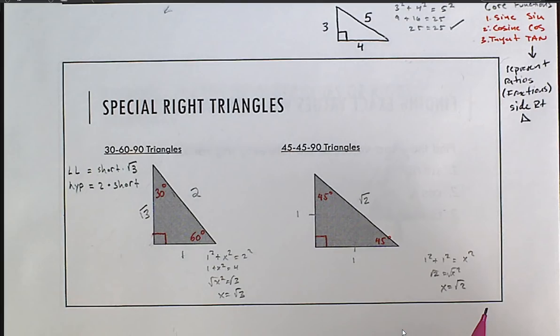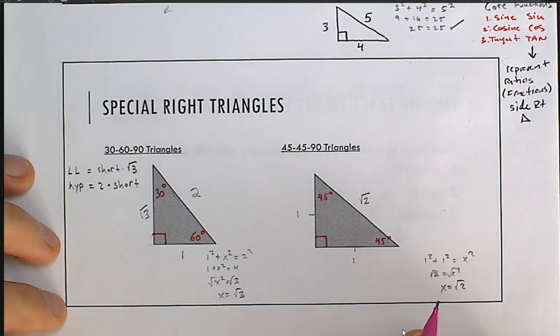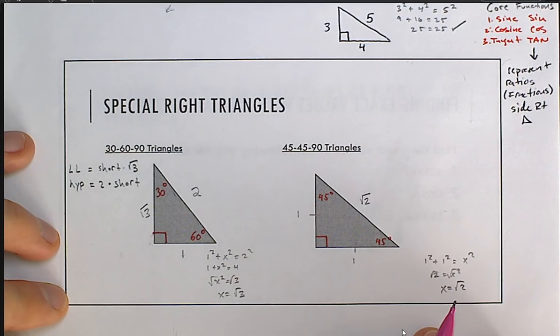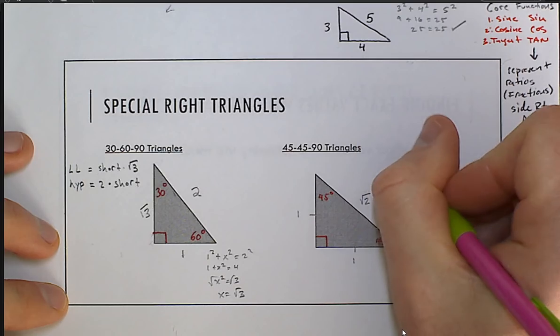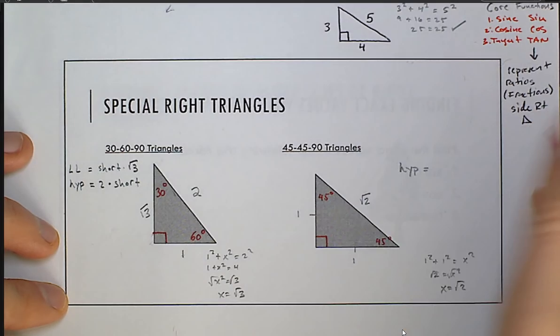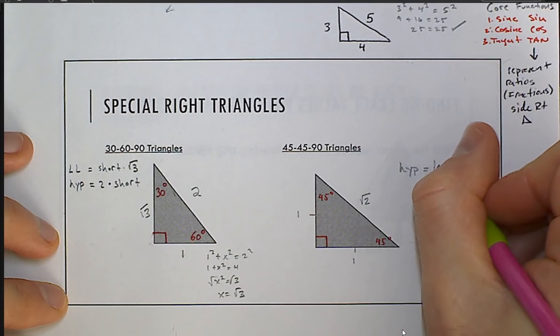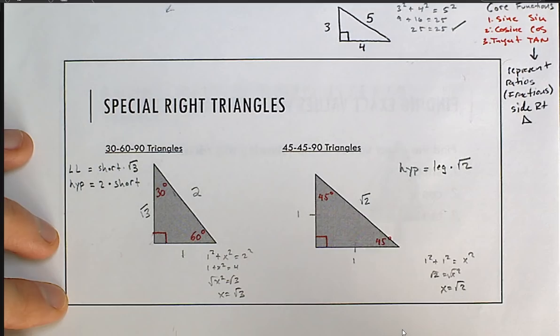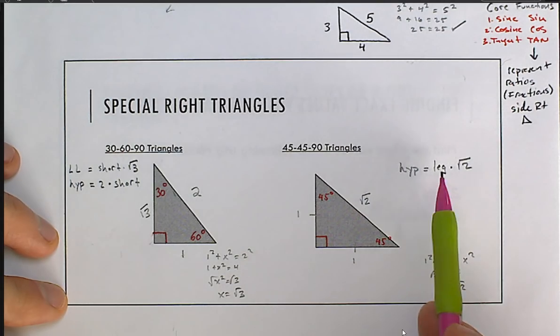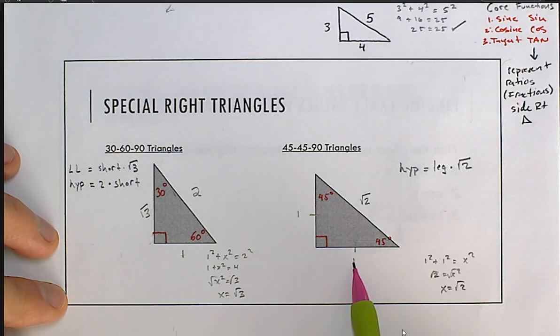And so these sides are the ratios that are always going to be the same on a 45, 45, 90. So the equation that we used in geometry was that the hypotenuse is always a leg times radical 2. So your hypotenuse is always a leg times radical 2. If this is a 1, it'd be 1 times radical 2.